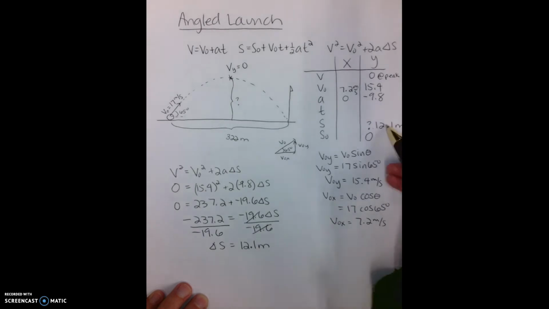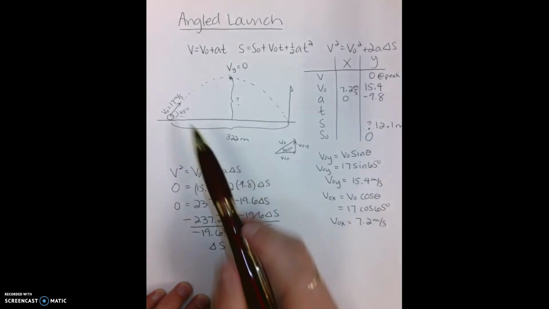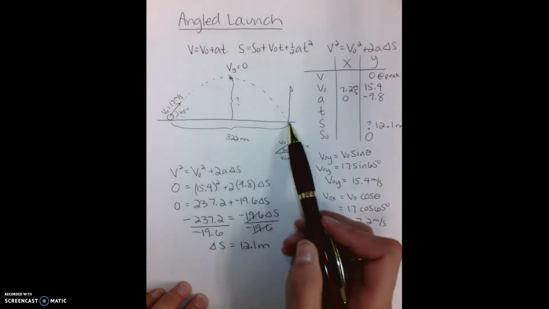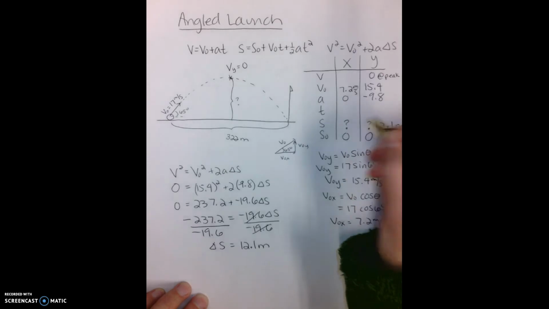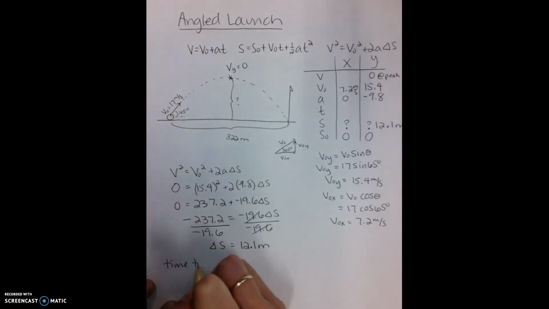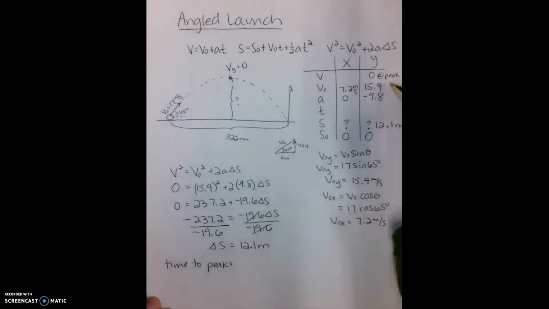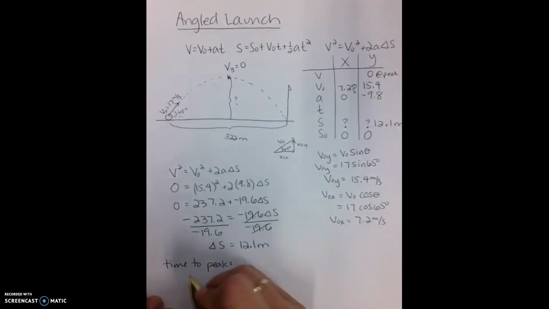Now I can also use that height to determine the time it took to rise to the peak. Because the path of this ball is symmetrical, that's half the total time the ball is in air, and I need the total time to find the final position in the x direction. So let's find the time to the peak. The easiest equation to use is the first one: V is equal to V naught plus AT.